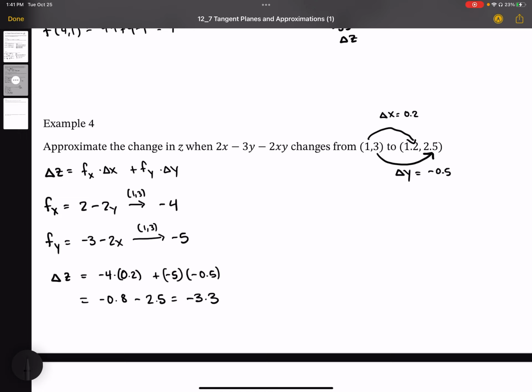So what we expect is our Z to change by negative 3.3 when X changes by 0.2 and Y changes by negative 0.5. That's the approximate change in Z. And from that, we'll just stop there.